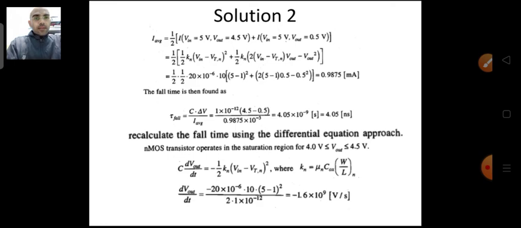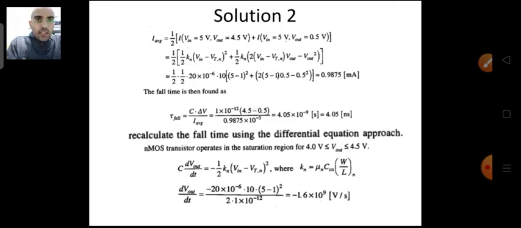Then if we use this average current to calculate our fall time, we know that it is nothing but the Q equal to CV equation, which I have already explained in the last class. Substituting those things, you can calculate the fall time, and it comes to 4.05 nanoseconds.